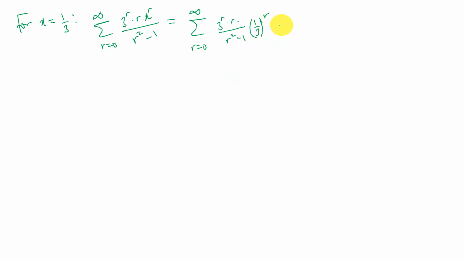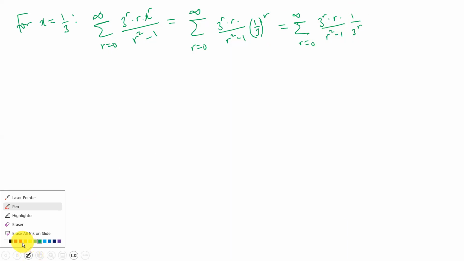Let's simplify this quickly. So you have the infinite series. The 3 to the power r is going to cancel, but I'm just going to write a trivial step. This one is 3 to the power r and this one is 1/3 to the power r over r squared minus 1.